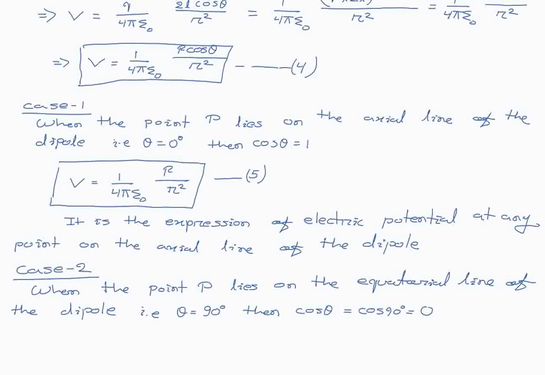So in equation 4, if we put cos theta equal to 0, then V will also be equal to 0.